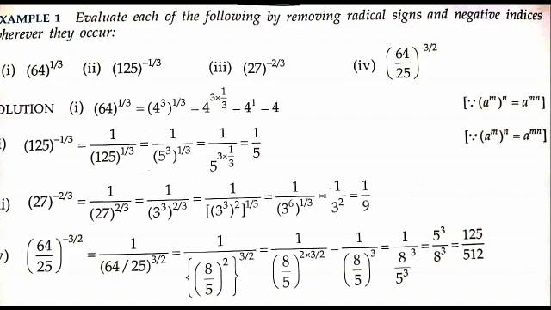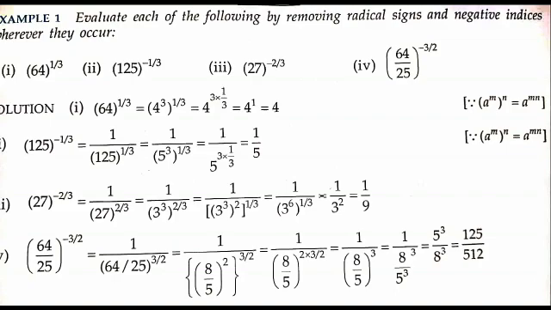Using the law, we can write 1 divided by 3 raised to the power 3 into 2 by 3, which gives 1 divided by 3 raised to the power 2, which is finally equal to 1 by 9.